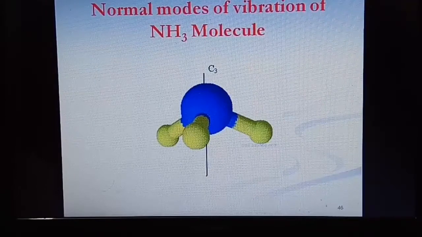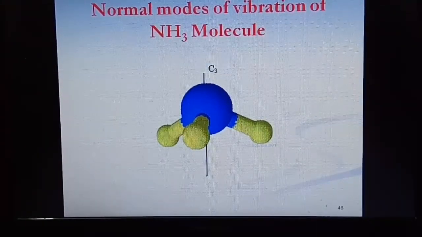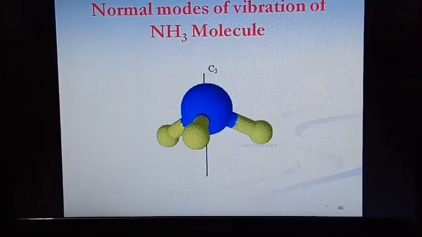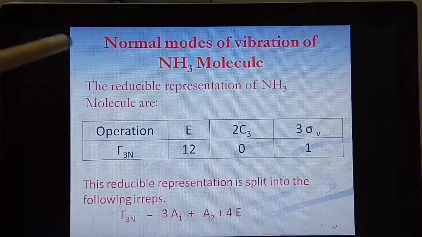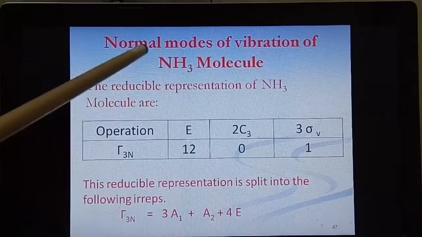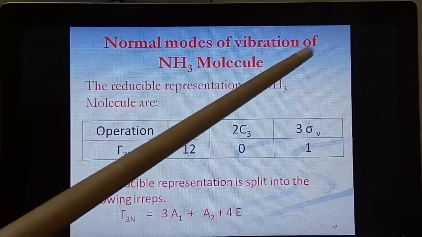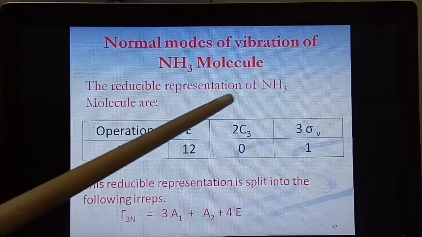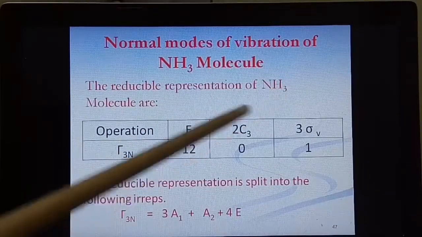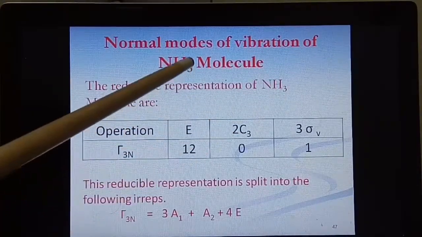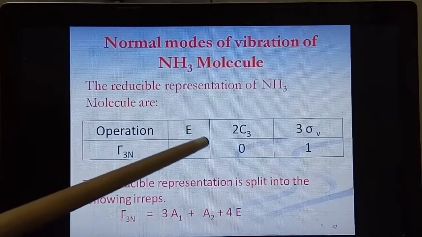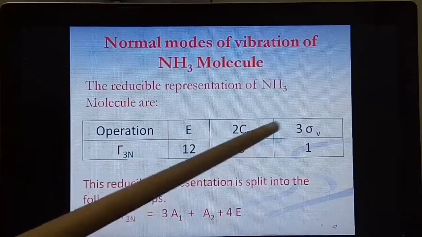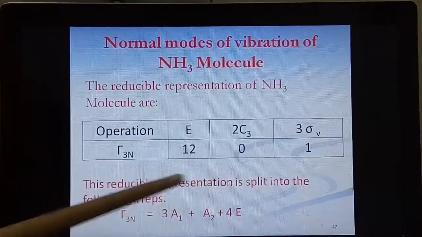Now we will discuss the vibrational frequencies of the ammonia molecule. Now we will take the example of ammonia: normal modes of vibration of the ammonia molecule. The reducible representation of the NH3 molecule is this: because there are 4 atoms, E will be 12, 2C3 will be 0, 3 sigma v will be 2.